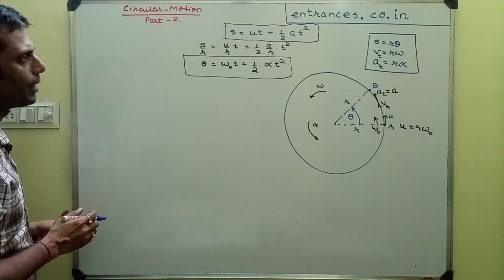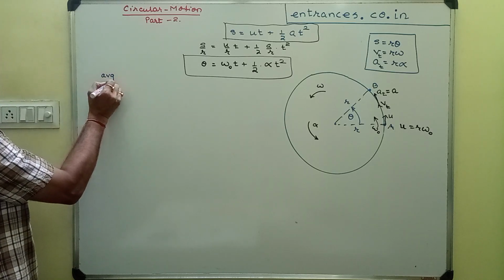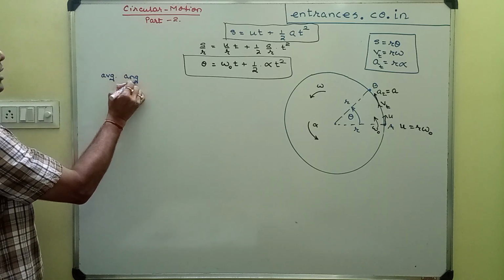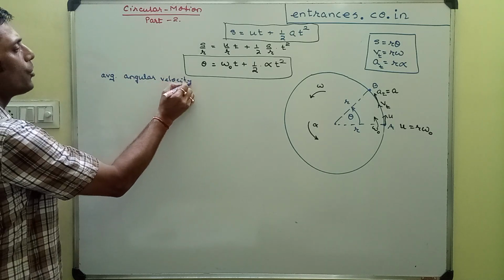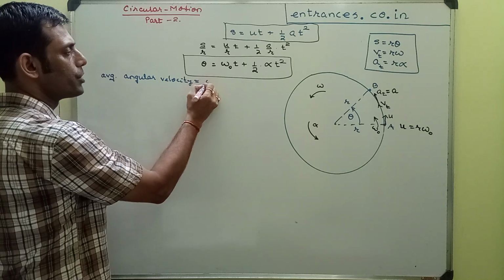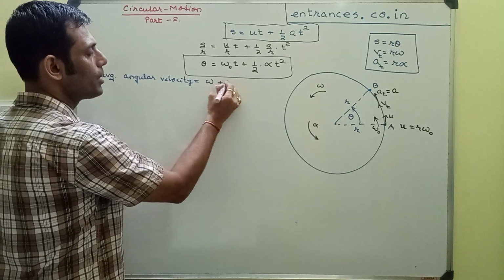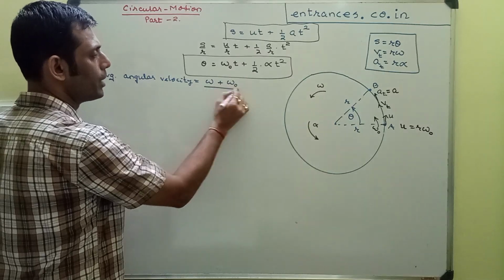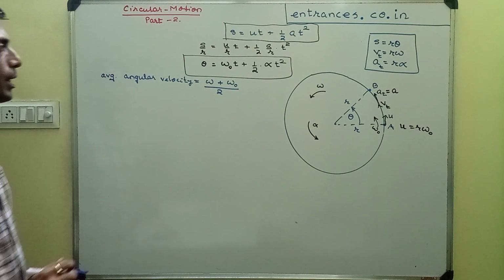Now we can get to this equation through one more way. Say for example, we have a definition for an average angular velocity. Let's say we are at angular velocity omega at some instant of time t later, and initial angular velocity is omega naught. Average value would be exactly this, omega plus omega naught by 2.